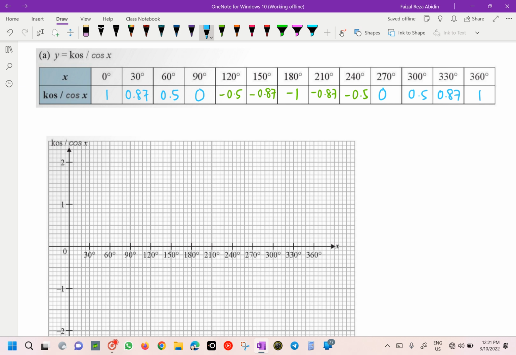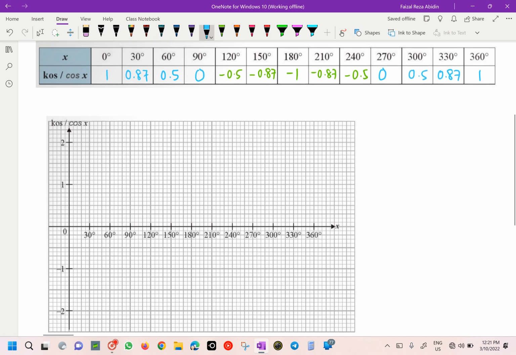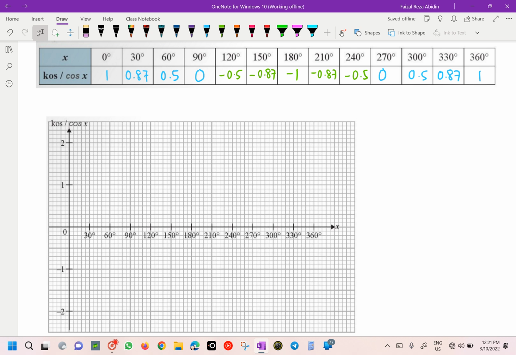Isn't it? But in our textbook, we are going to have for this 0, 90, 180, 270, and 360 only. Okay? But for this one, we are going to plot. Okay, so we are going to plot here by using the values in our table here.